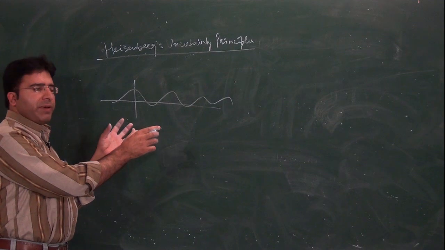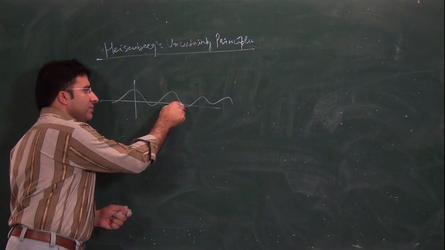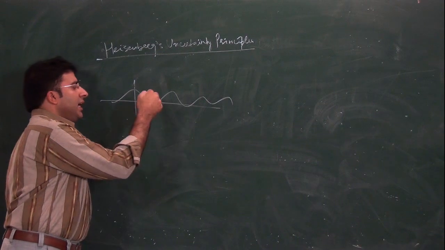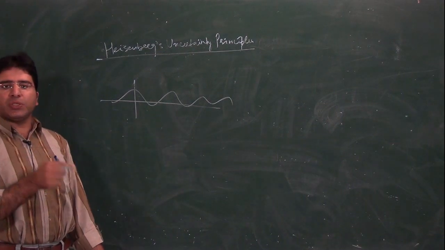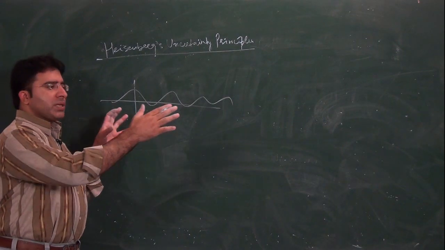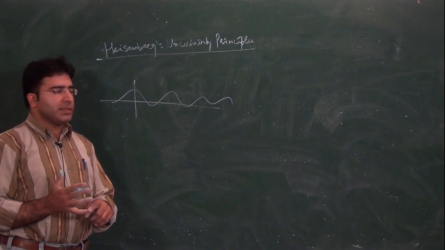In order to locate the wave, it will be present everywhere. You cannot pinpoint that this wave is present at x equal to 1 centimeter, x equal to 2 centimeter. That means it is spread over space, delocalized in space.